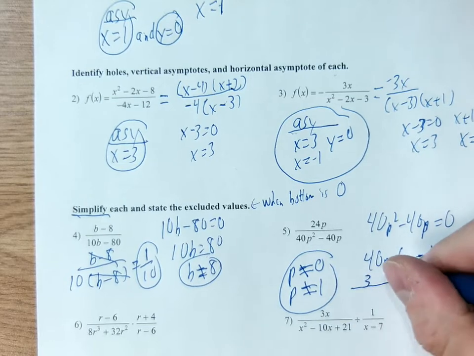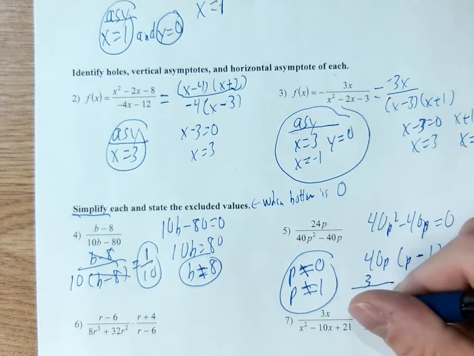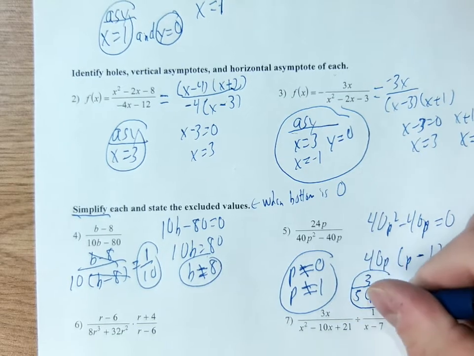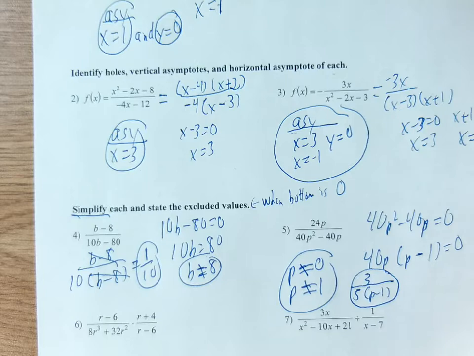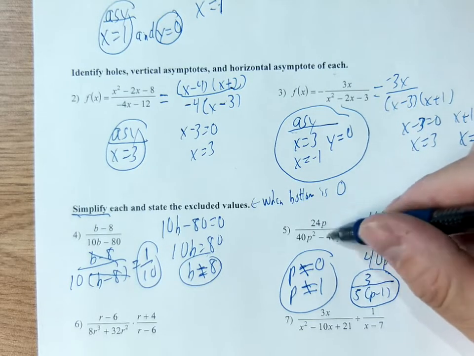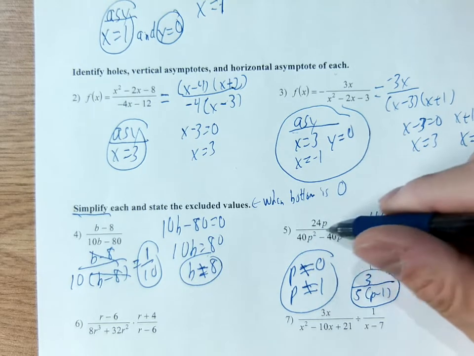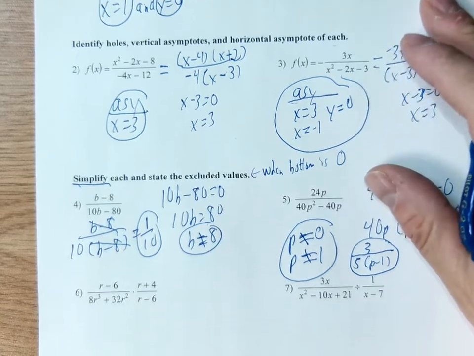And then 5 times p minus 1 on the bottom. I did say to simplify, so I should have done that too. Anyways, so I got those by, again, dividing this by 8, then this by 8, and the p's canceled, and here the b minus 8's canceled.